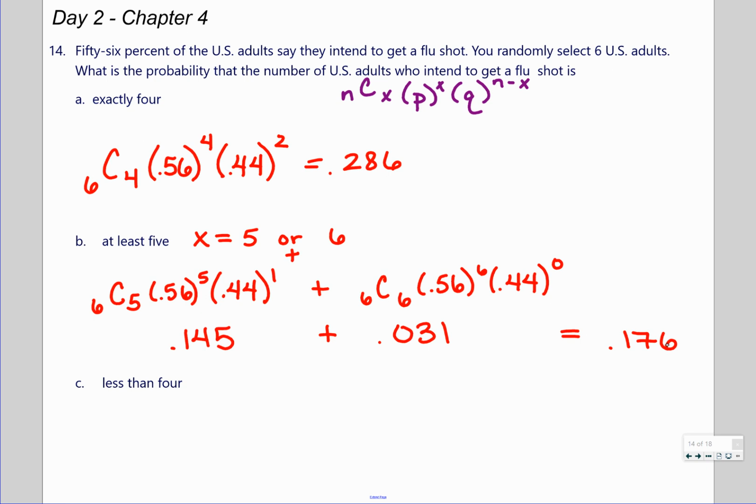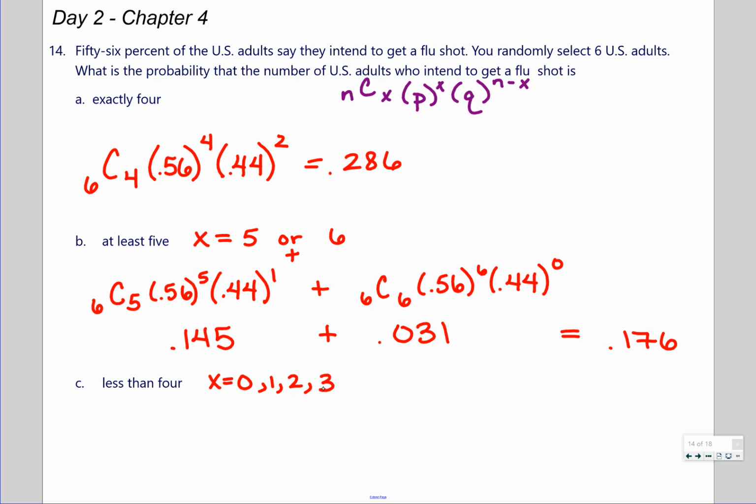Okay. Last one, less than 4. So less than 4 consists of what x values? 0, 1, 2, 3, but not including 4, because it's just strictly less than.